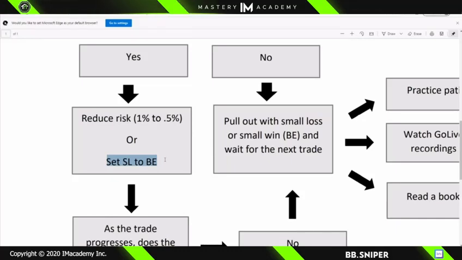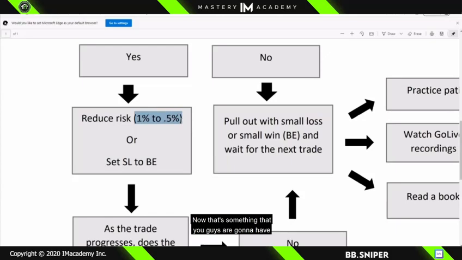If Euro USD pops 20 pips or even 30 pips within a couple of hours, I would feel it's probably safe to set the stop loss to break even. Now, if you're 5 or even 10 pips into profit, the market's going in your favor, but it's not rocketing in your favor. It's not a rock star trade. I probably would not set the stop loss to break even. I'd probably reduce the risk.